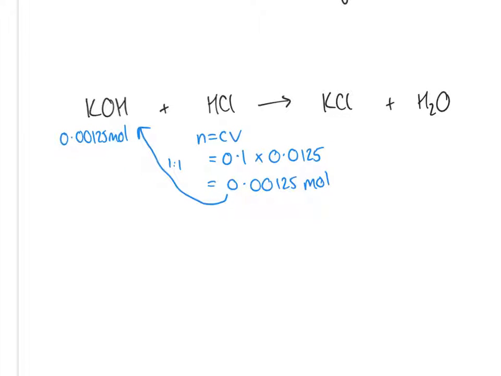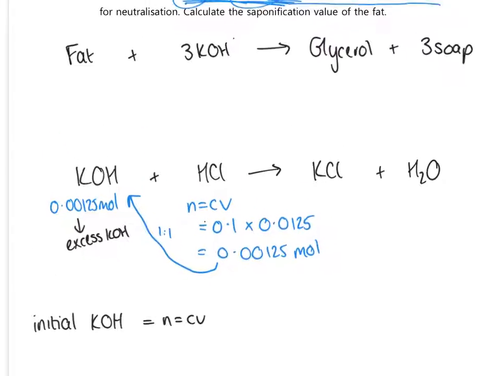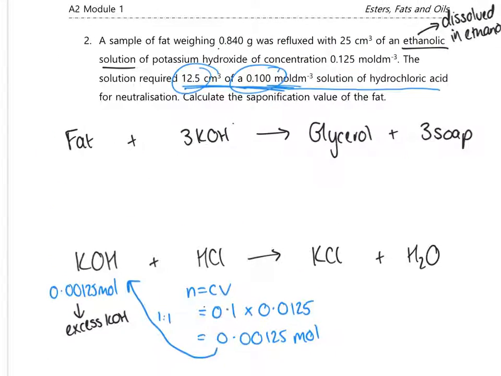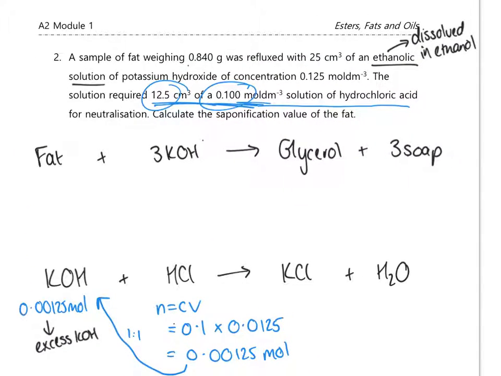Okay, that's the excess potassium hydroxide. Now I want to work out how many moles were used by my fat in the first place. So the initial KOH, we're going to do N equals CV. What's the concentration of the potassium hydroxide initially added? 0.125. What's my volume?